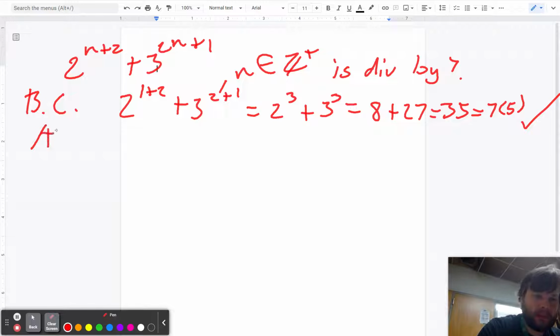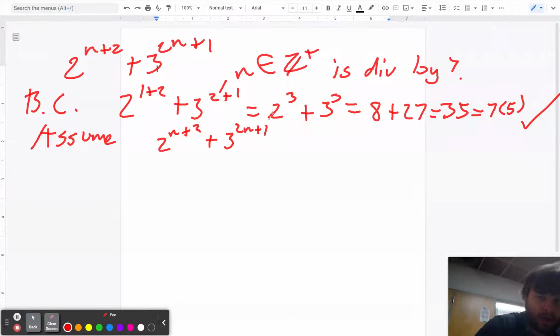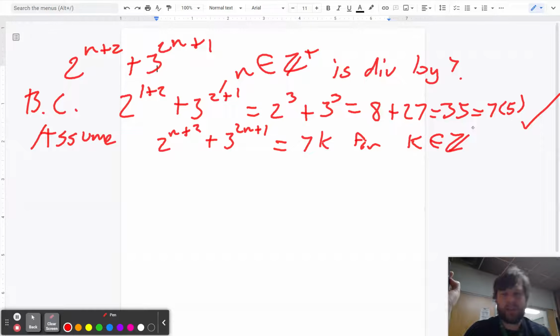Next, assume that the statement is true, i.e. that it equals 7k for some k that's an integer, because that's what divisibility means. Okay, and let's look at the next one.